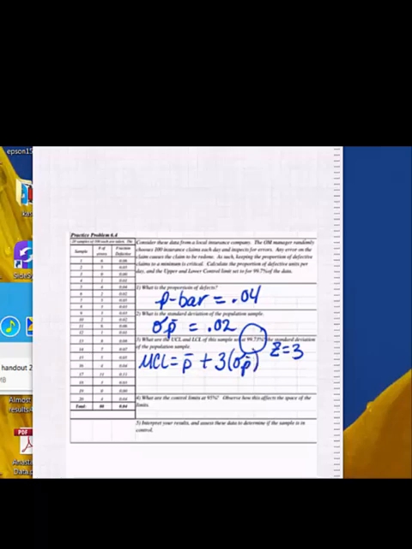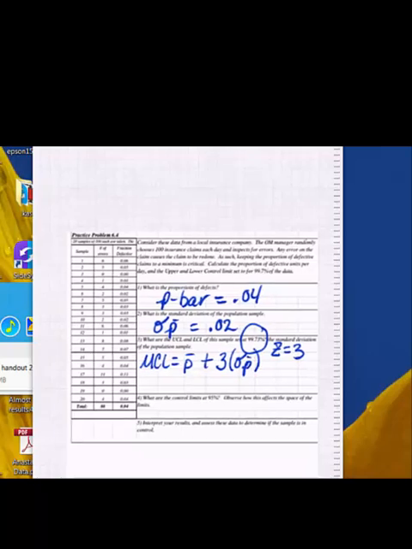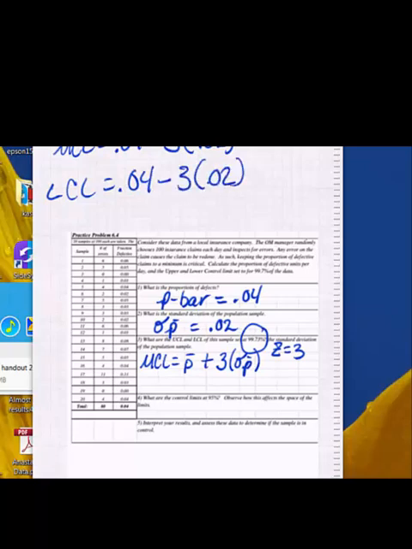So we'll go right up here where we have a little bit of space to calculate it. Upper control limit is going to be 0.04 plus 3 times 0.02. And then the lower control limit, the same setup, 0.04 minus 3 times 0.02.